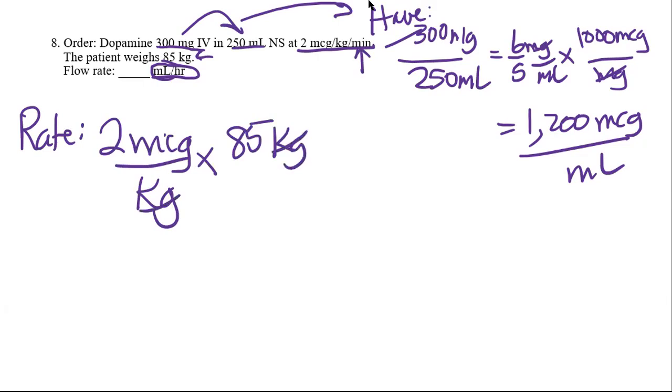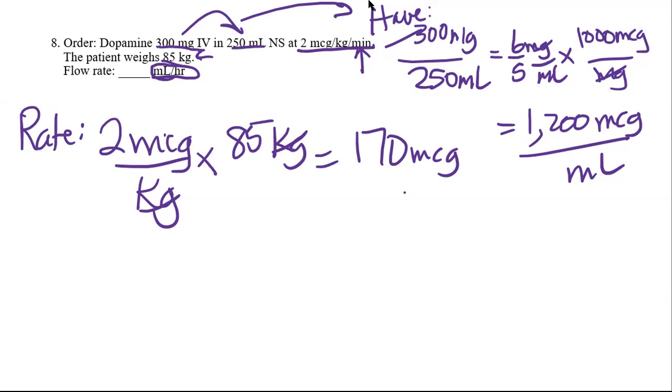So we cross out the kilograms and we get 85 times 2. That's 170 micrograms. 85 times 2, 2 times 8 is 16, and then half of that is plus 1. I just want to check myself, 85 times 2 is 170 micrograms.